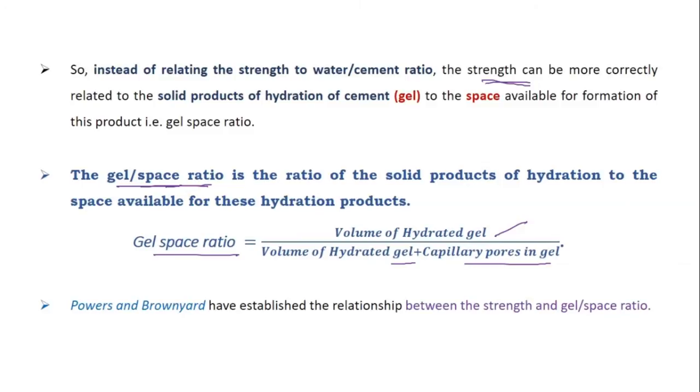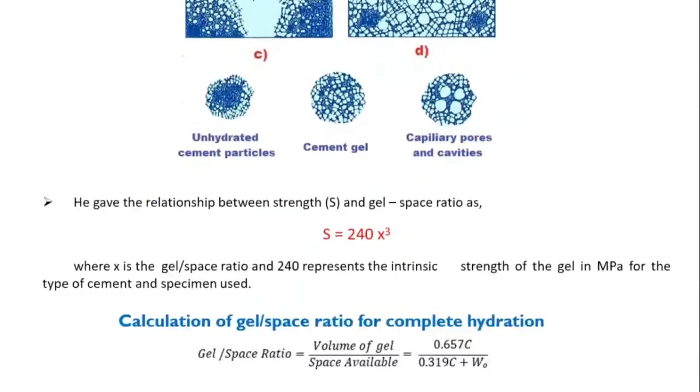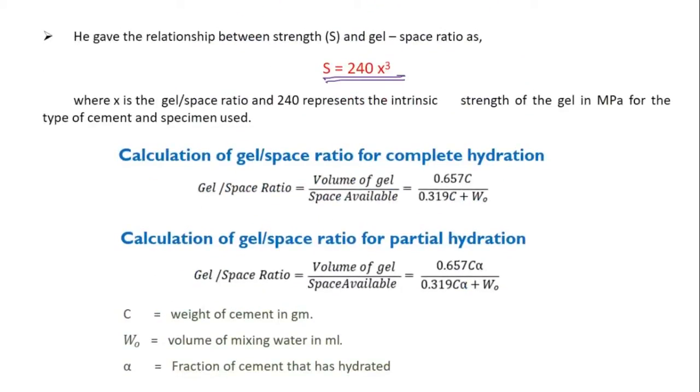So here Mr. Powers and Brownyard have established a relation between the strength and gel space ratio, and have given an equation of 240 x cube. So this is the relation between strength and gel space ratio x. And 240 is the strength of the gel itself, only gel. Here S represents strength of concrete.